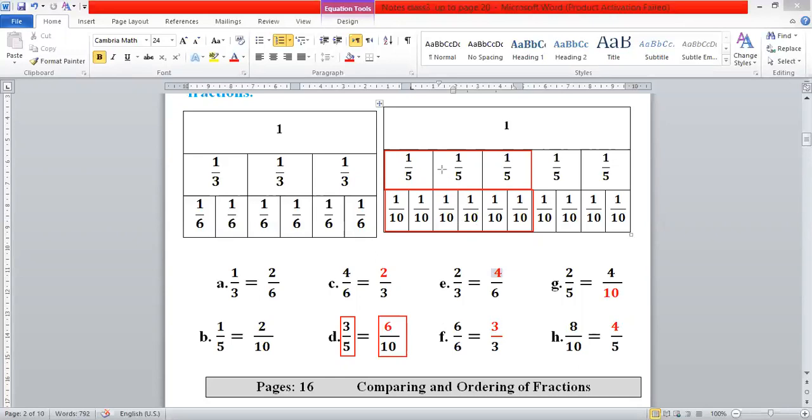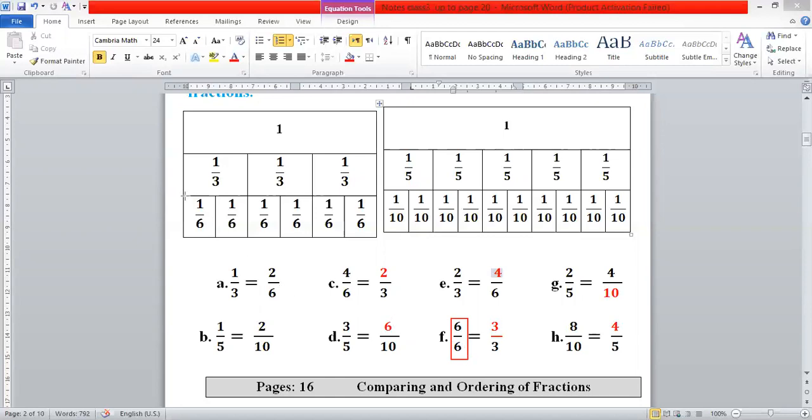1 over 5 plus 1 over 5 plus 1 over 5, that is equal to 3 over 5. That is equal to 1, 2, 3, 4, 5, 6, 6 over 10. Similarly here, 6 over 6.